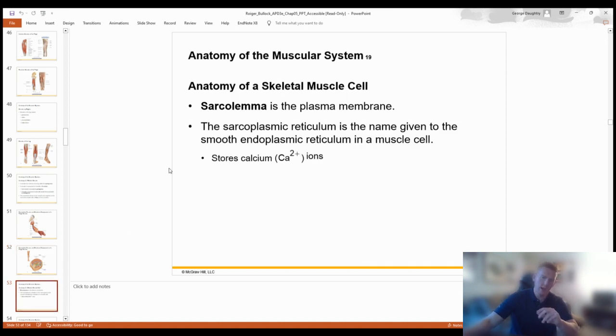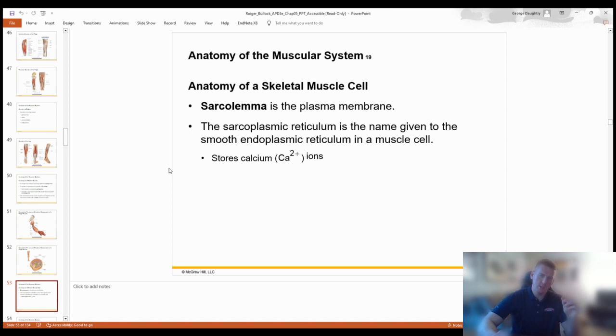Now, I could go on forever about muscle contraction and some of the core necessities here. Here's what I want you to know. In order for muscle to contract, we have to have stimuli from a motor neuron. A motor neuron is going to come and stimulate muscle.